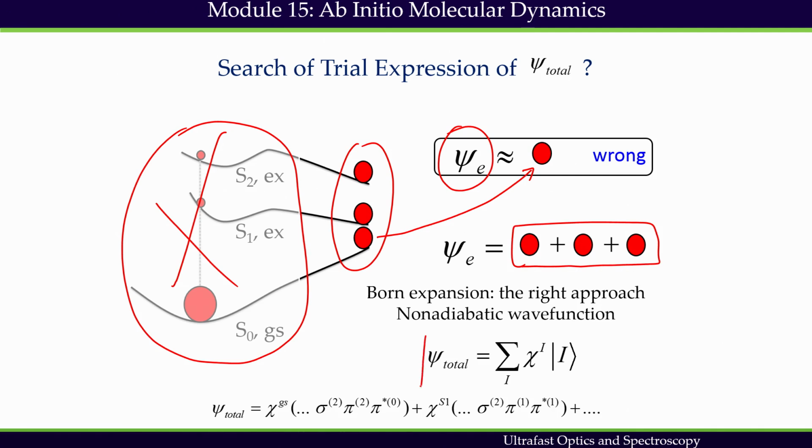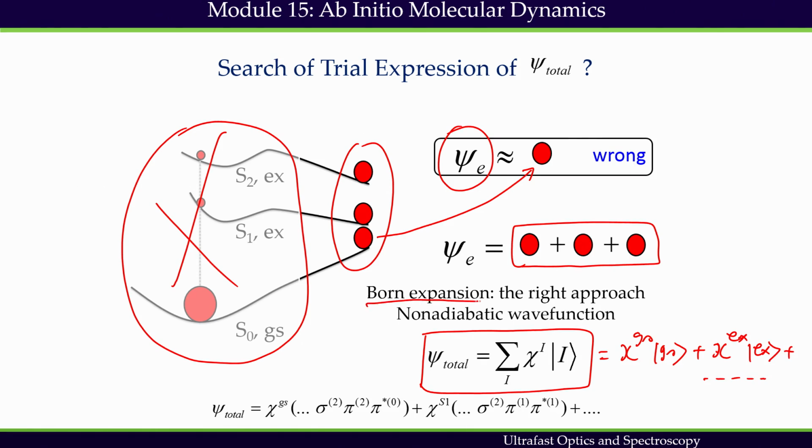So the total electronic wave function cannot be represented by a single electronic state. Rather, it has to be represented by a summation of different electronic states. It means that I will sum the ground state nuclear wave function times the ground state electronic wave function, plus the nuclear wave function of the excited state multiplied by the excited state electronic wave function, plus all these summations we have to add. And this kind of expansion is called the Born expansion, which leads to a non-adiabatic wave function, non-adiabatic because we are mixing different electronic configurations.